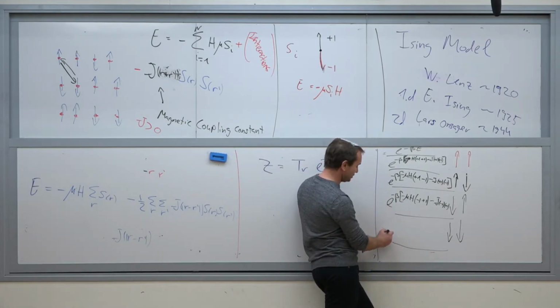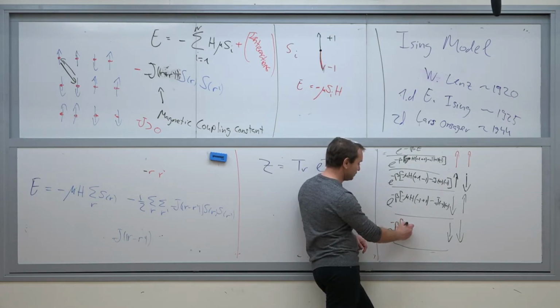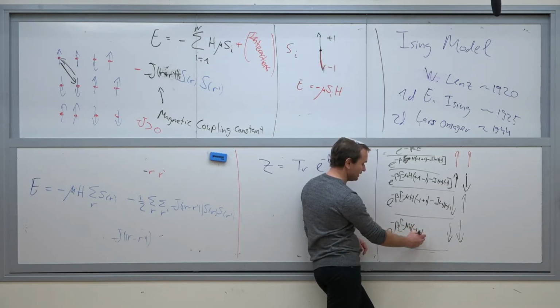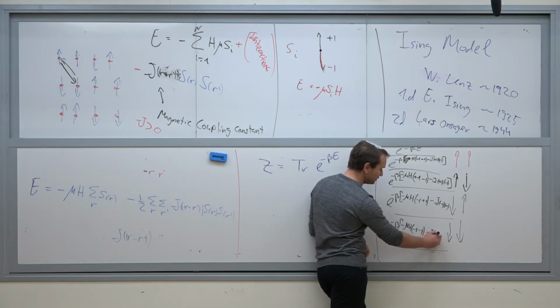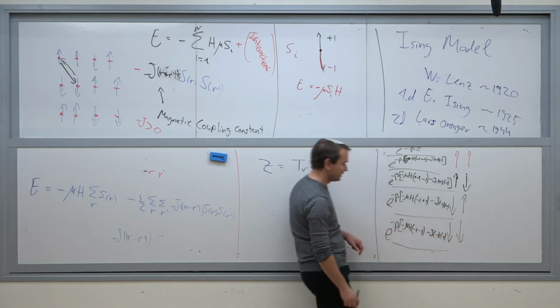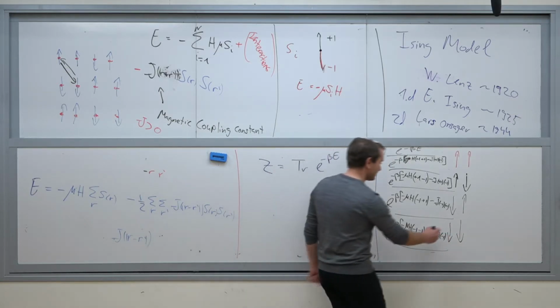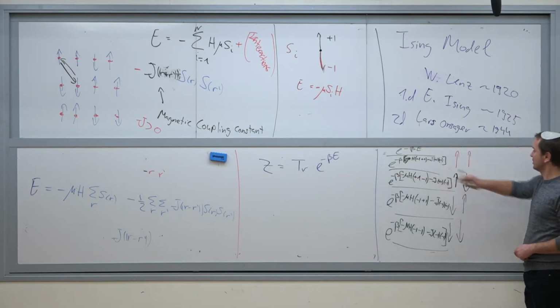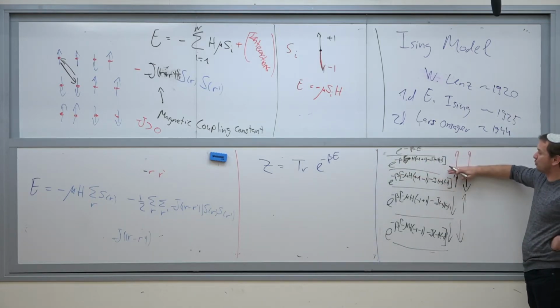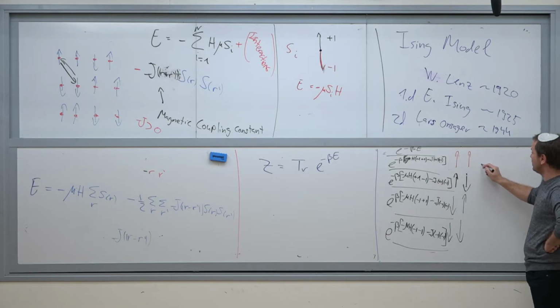The last situation is e to the minus beta times minus mu h, and I have minus 1, minus j multiplied by minus 1 minus 1. Okay. Close my parenthesis.